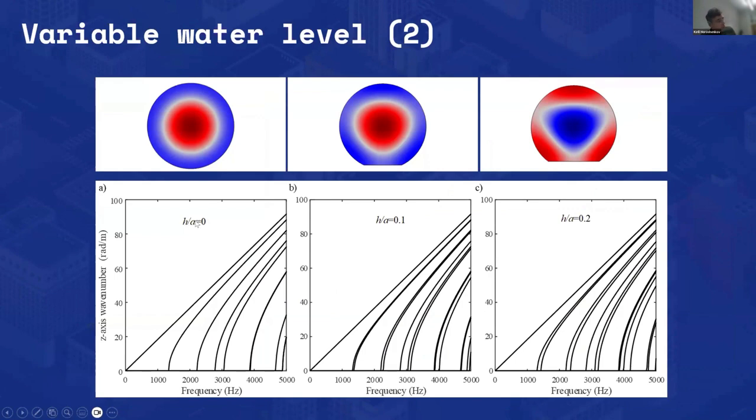H is the level of water, A is the radius of the pipe, and this is the wave number against the frequency. But as the level of water increases to 0.1, 0.2, you see the modes begin to split. Those curves are no longer a single line; they take two different lines. That's quite a peculiar phenomenon, which we accounted for analytically.